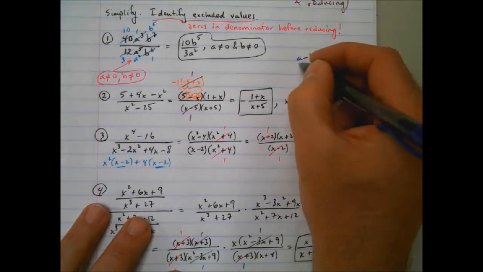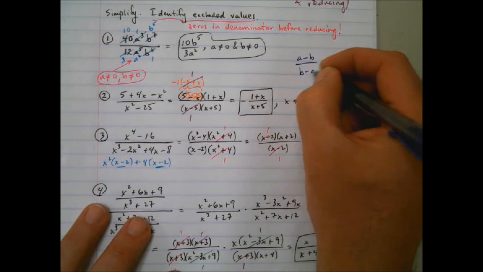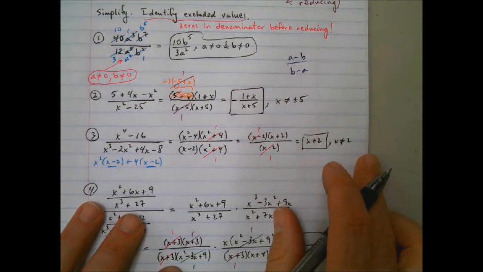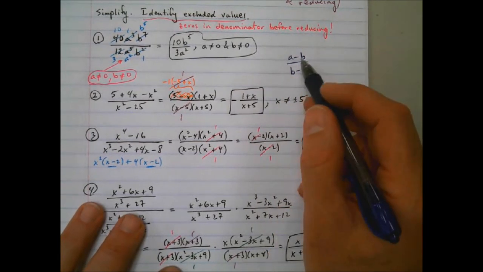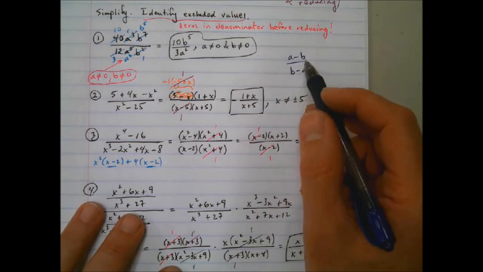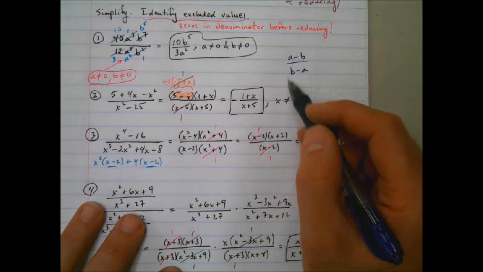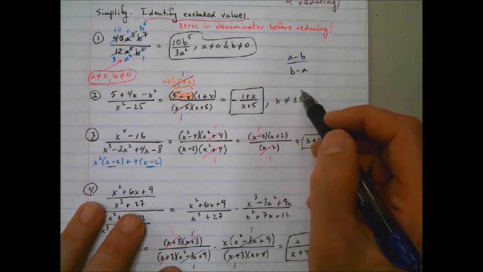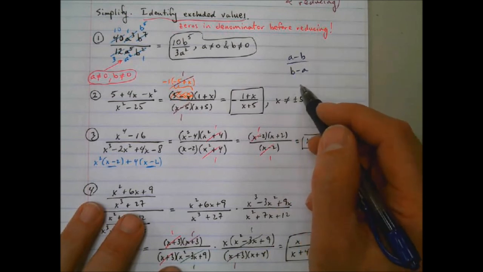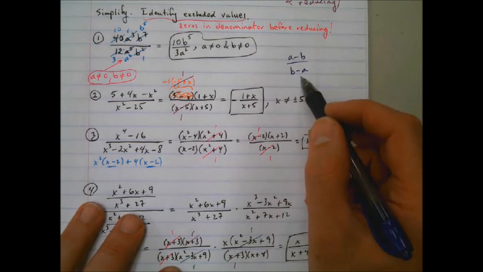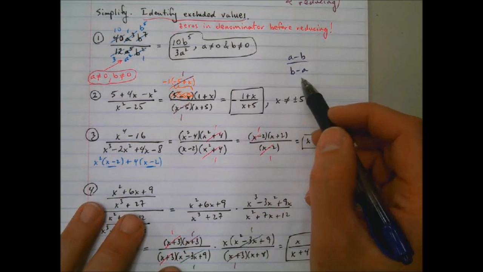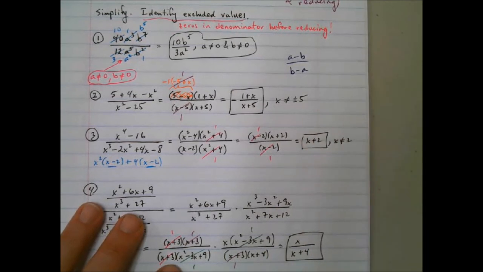So for example, if you have A minus B over B minus A, and they are opposites. In other words, you know for certain that if you factor a GCF of -1 out of one of them, they would then be exactly the same. So be careful, make sure that they are definitely opposites.